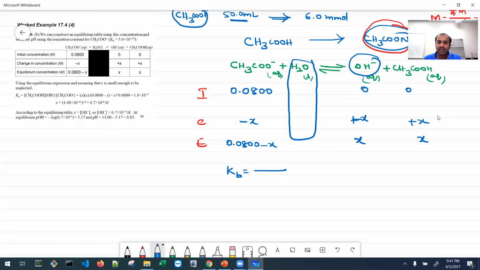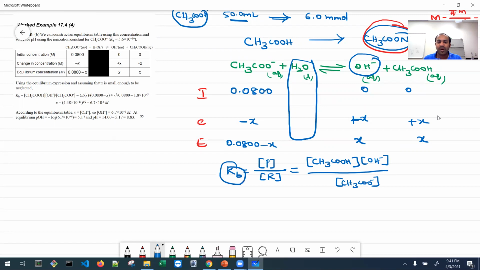So Kb is nothing but the concentration of the products divided by the concentration of the reactants. You have two products here, CH3COOH and OH minus, divided by the CH3COO minus concentration.